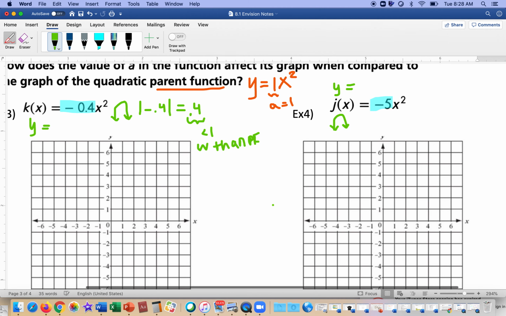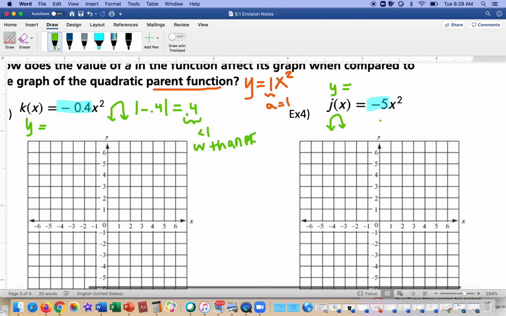If we look at the next one, the absolute value of -5 is 5. Since 5 is greater than 1, it's opposite of intuition. It's actually going to be narrower than the parent function.